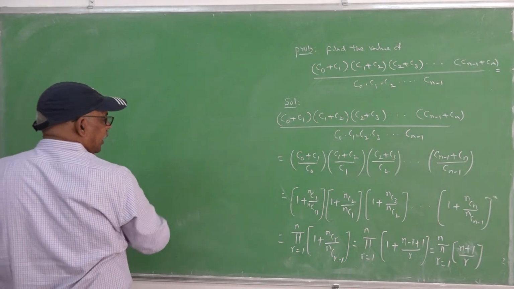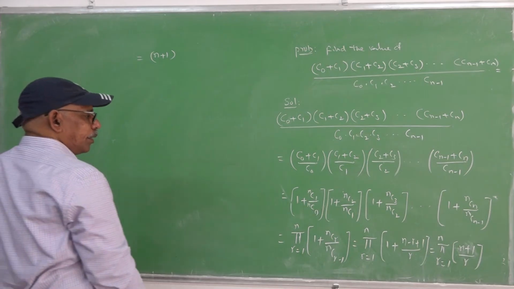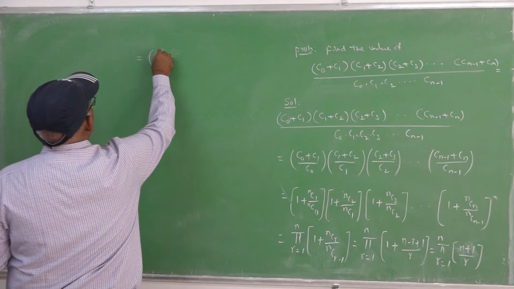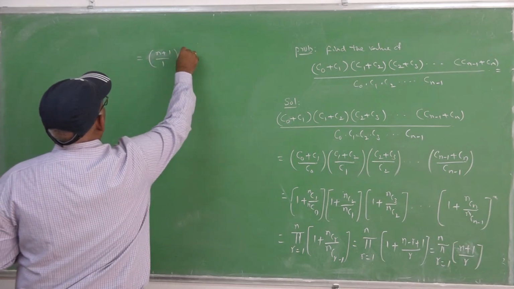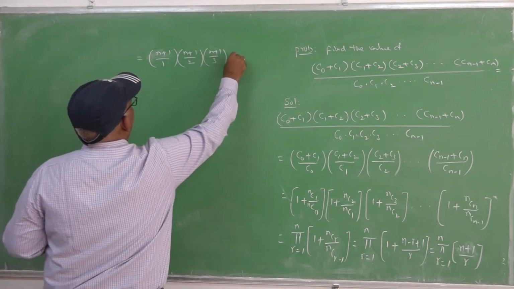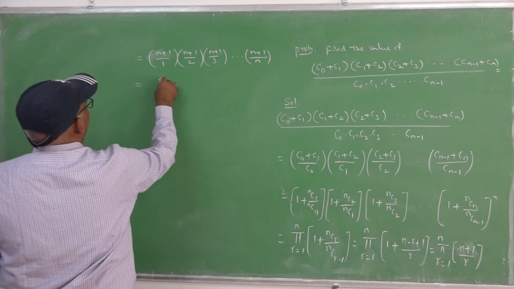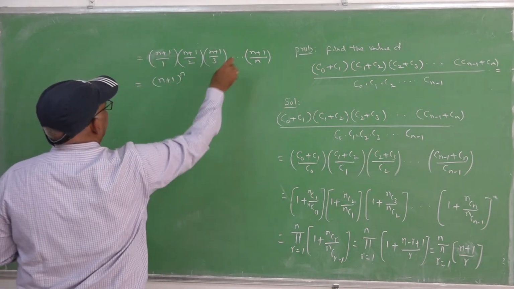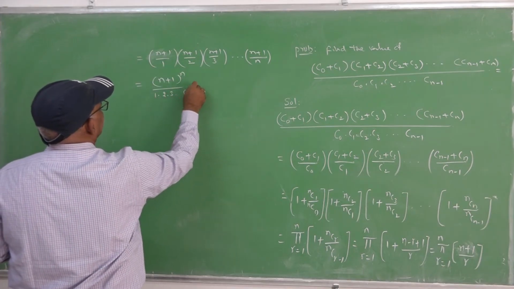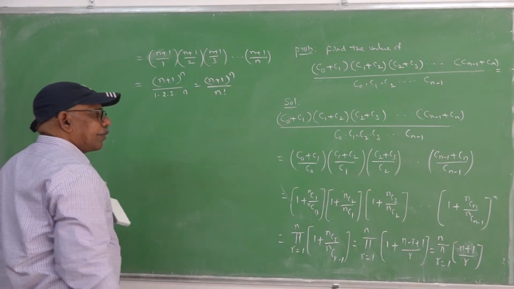Now the product on expanding. In each and every term we get n + 1. So (n + 1)/1, (n + 1)/2, (n + 1)/3, like that (n + 1)/n itself. That is (n + 1) to the power n, because there are n factors, by 1 × 2 × 3 × up to n. (n + 1)^n / n! is the required value.